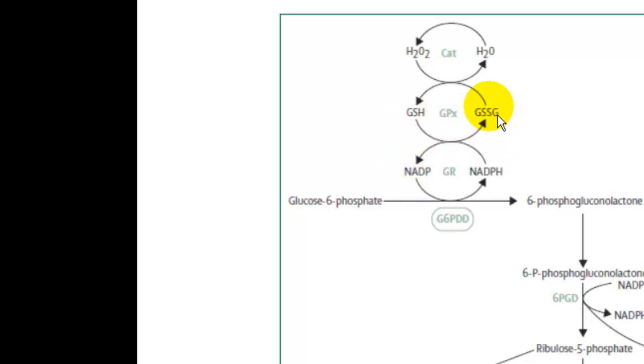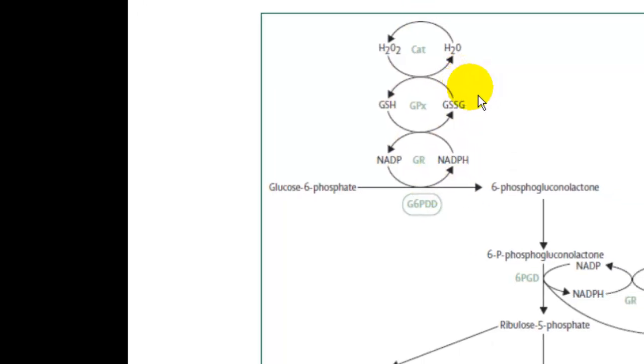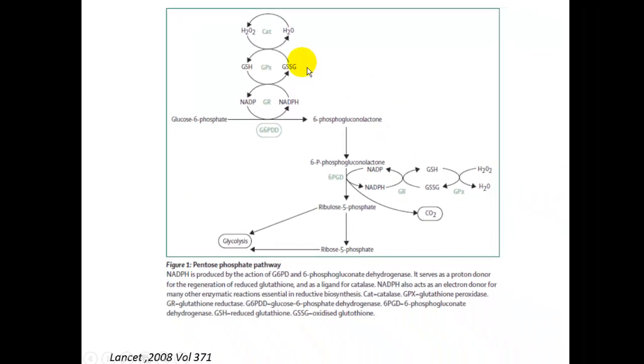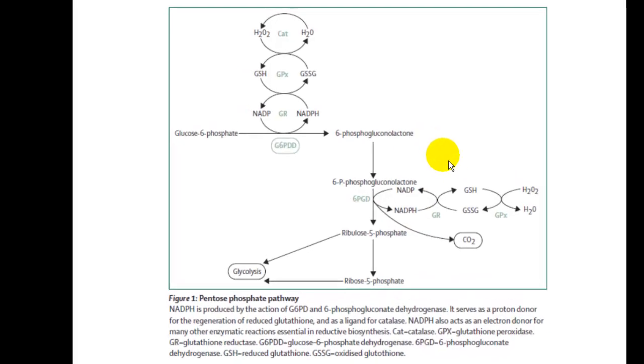The oxidized form can then go ahead and detoxify some of these peroxide or oxygen radicals, and then you essentially have a cycle that's going on here. So it can do this for other types of radicals, not just hydrogen peroxide and peroxide radicals. NADPH at this step and NADPH at this step. So a plentiful store of NADPHs for not only reductive biosynthesis, but also detoxification.